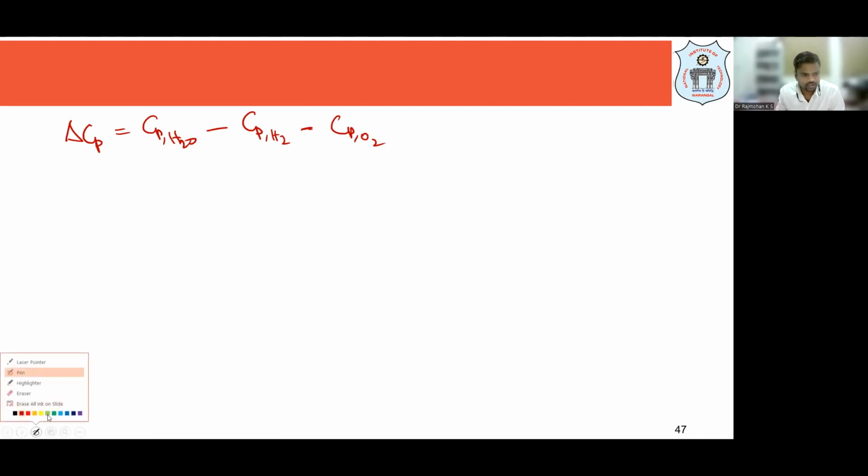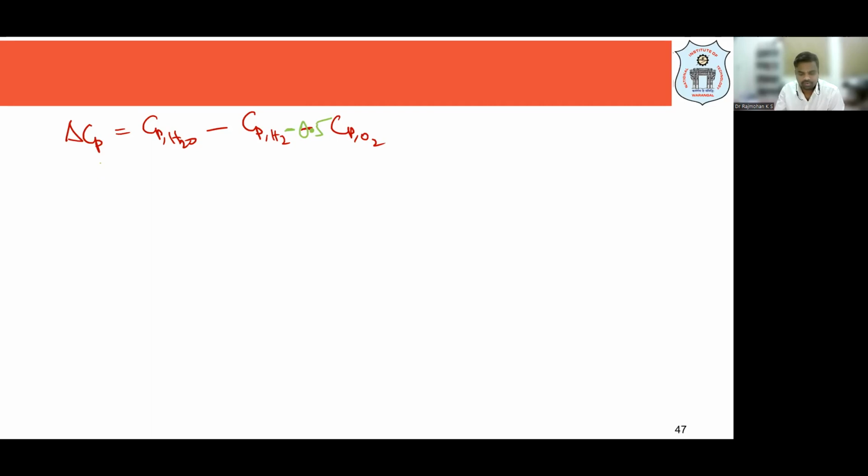So you can write delta Cp for this hydrogen oxygen fuel cell as Cp of water minus Cp of hydrogen minus 0.5 Cp of oxygen. Remember, only half mole of oxygen is used. So this is what you will be making use of.